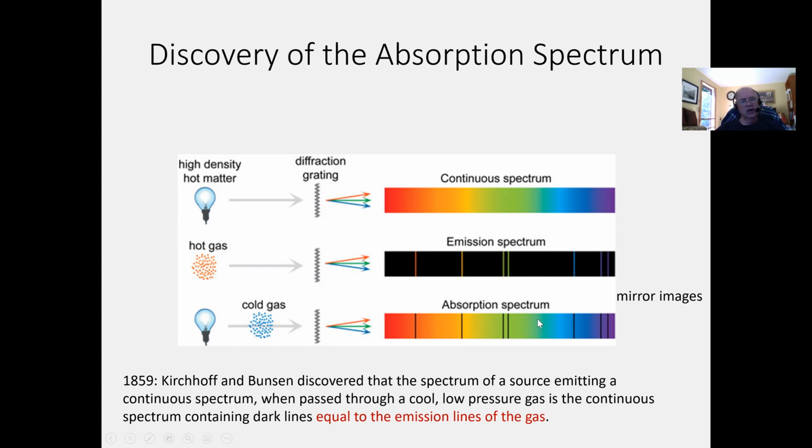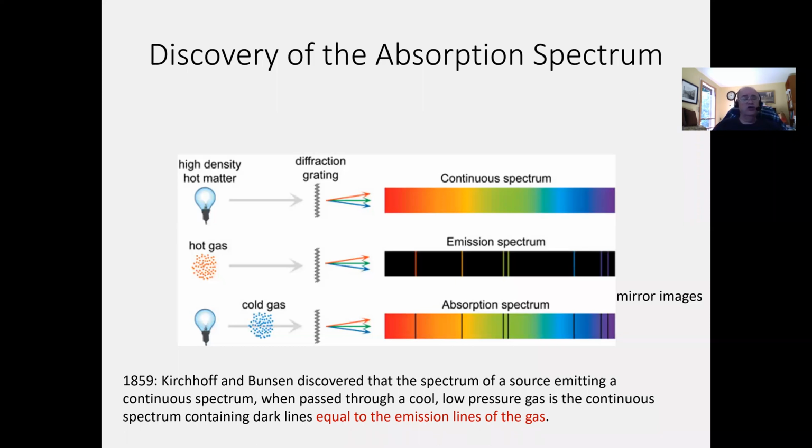And when they saw an absorption spectrum, a white light, beautiful color spectrum with dark lines in it, they said, aha, is this what's going on with the sun? Are these the dark lines of the sun? Of course, if only hydrogen is absorbing the light, then you'll only get 4 dark lines.